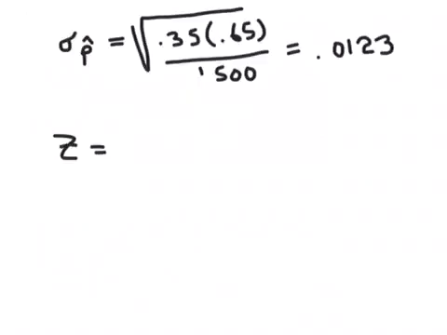so from the high and from the low. So we're going to say the part that we're interested in minus 0.35, which is what our population is, divided by the standard deviation.